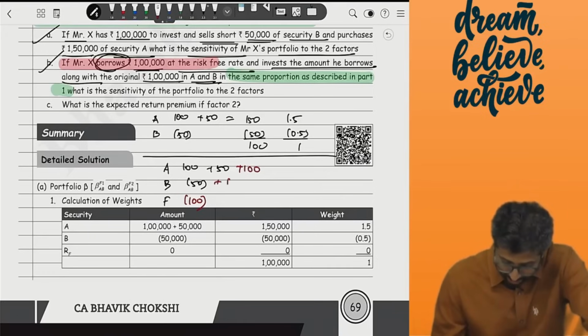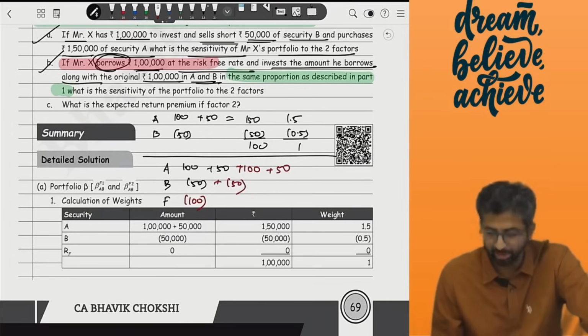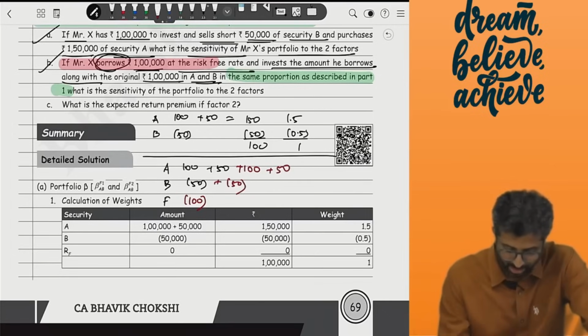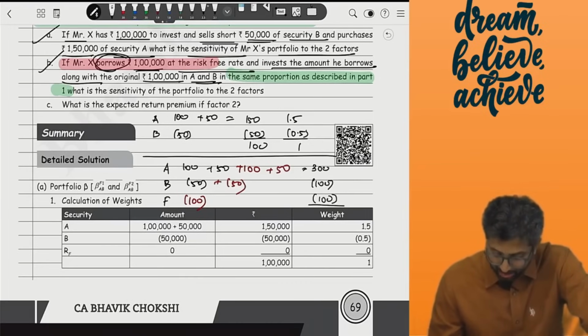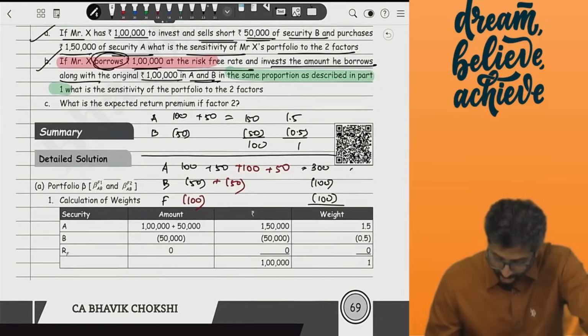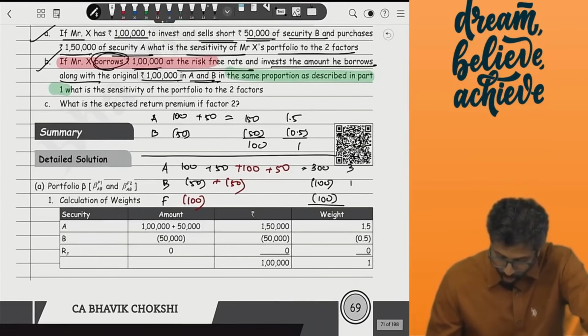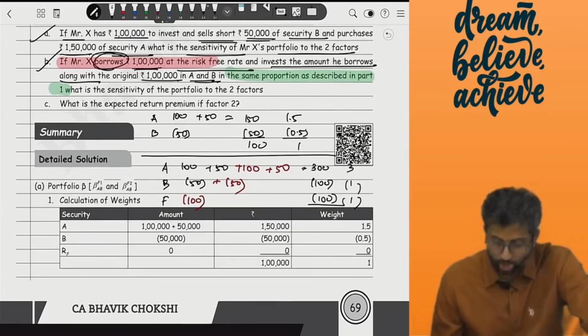So I'll say, okay, that means I'll have to further short sell 50, and whatever proceeds I will get, I will invest it over here, and as a result, my total investment is minus 300, plus 300, minus 100, minus 100, and hence my total investment is 100 only, and the weights are 3, 1, -1 negative.